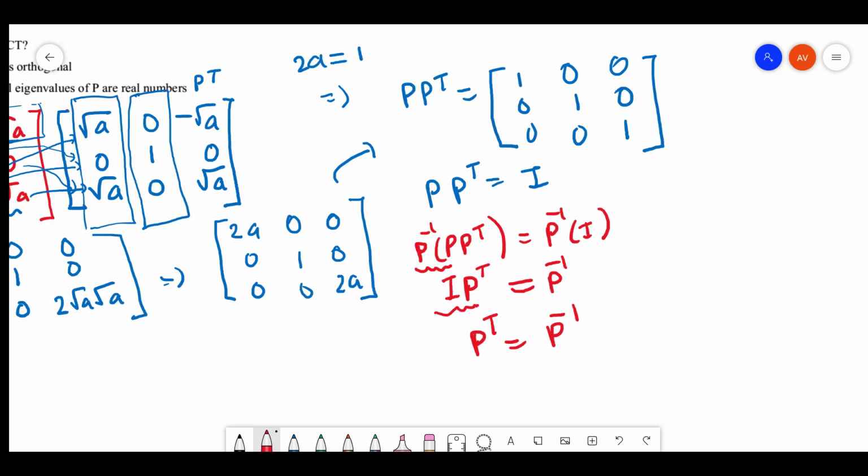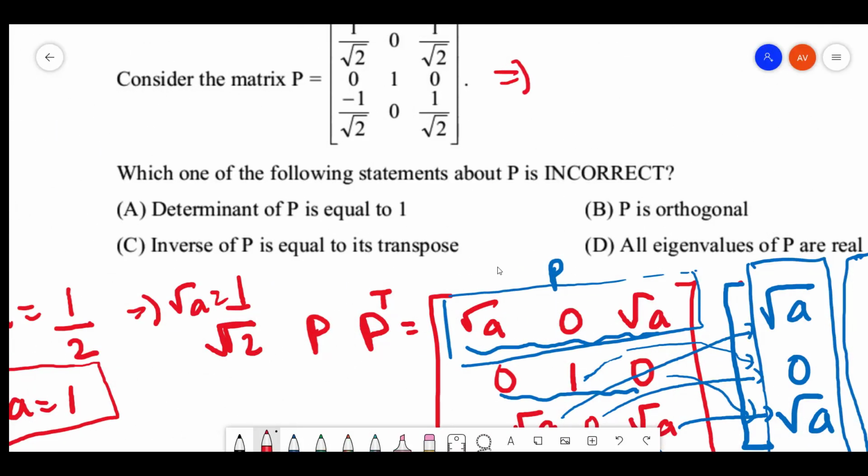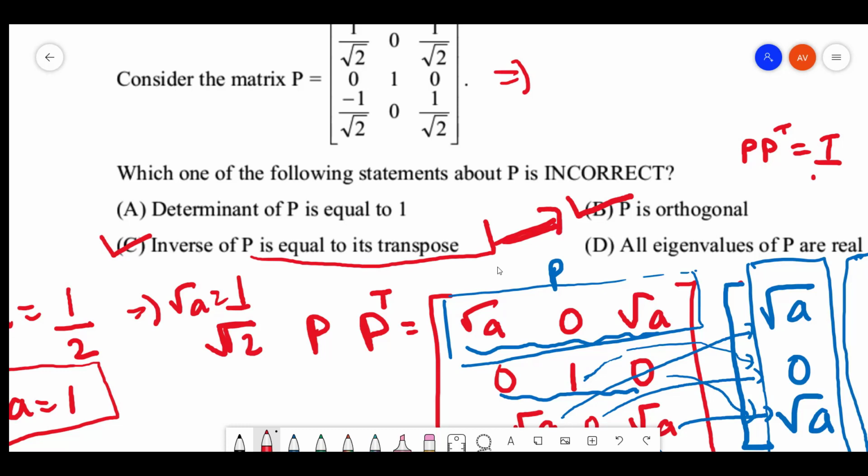We got this as a consequence of this itself. Now looking carefully at options B and C, we first proved that B is correct: P is orthogonal because it satisfies the condition that P P transpose is equal to I. From there we proved that C is equivalent to this statement.